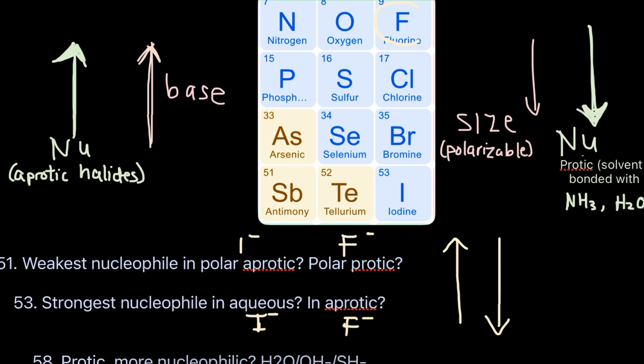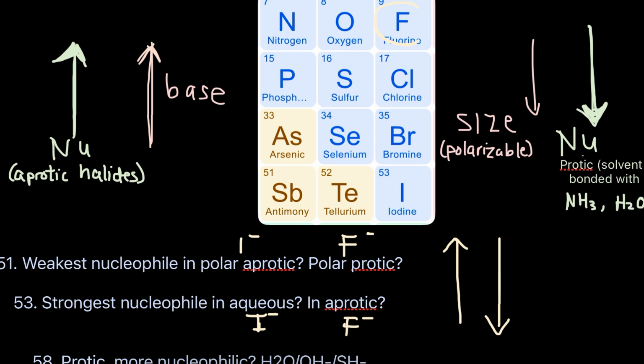However, I want to note that the identity of the nucleophile doesn't really matter in an SN1 reaction, okay? SN1 reaction, which sometimes is polar protic solvent. The only thing that matters in SN1 reaction is the concentration of the nucleophile, not the identity, okay?